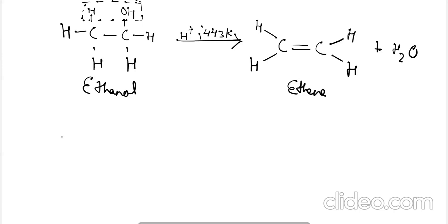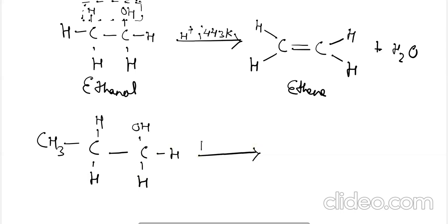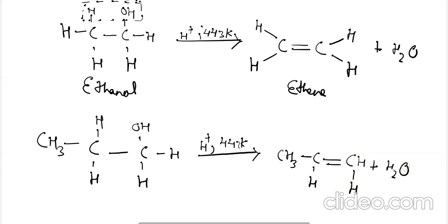Next, propan-1-ol, CH3CH2CH2OH, using a protonic acid at 443 Kelvin forms prop-1-ene, propene. So from propan-1-ol, not propan-2-ol, prop-1-ene will be formed.